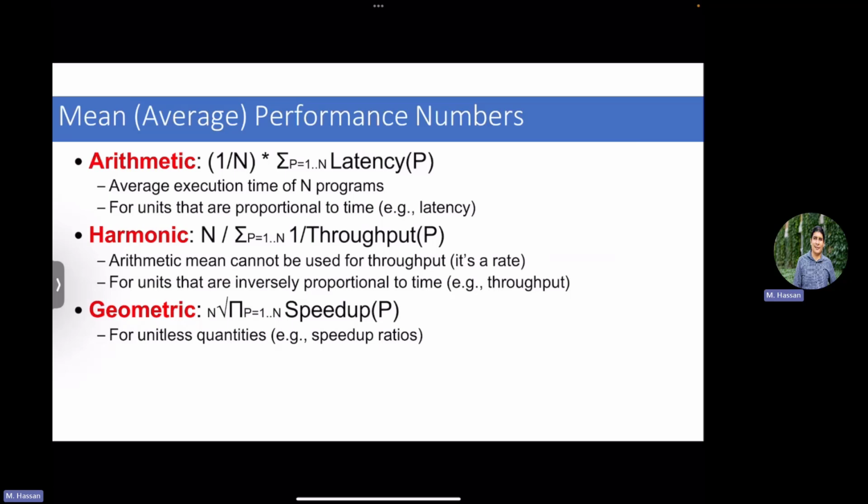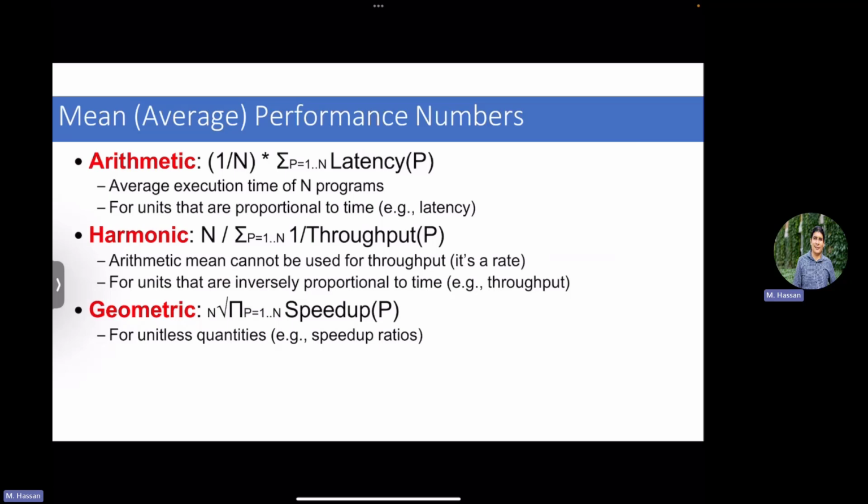I want to make a decision to maximize or improve the performance of the common case, right? And common case means, for example, the type of instructions that appear the most in my application. And this is called Amdahl's law.